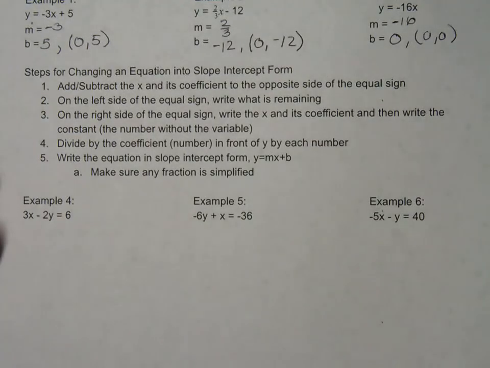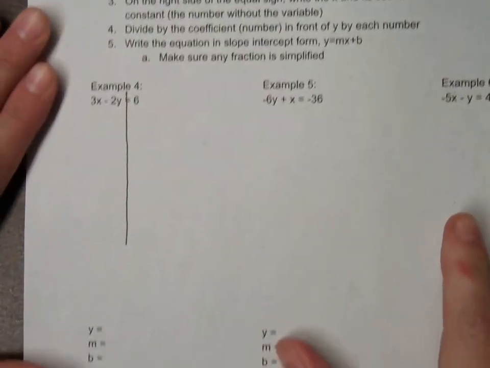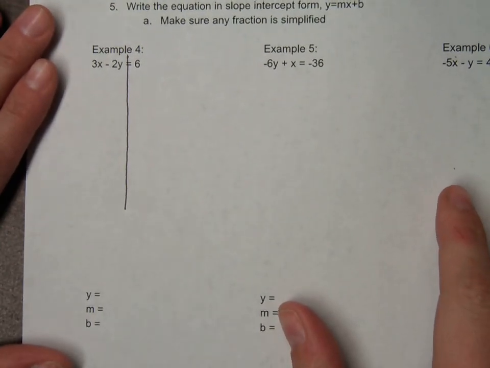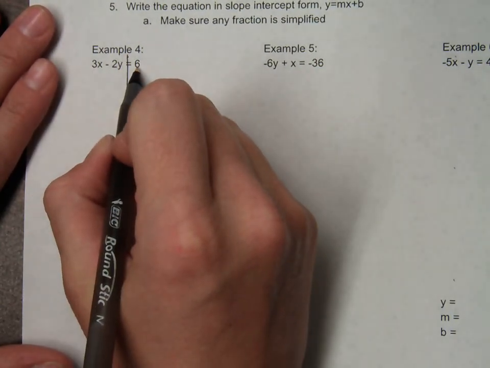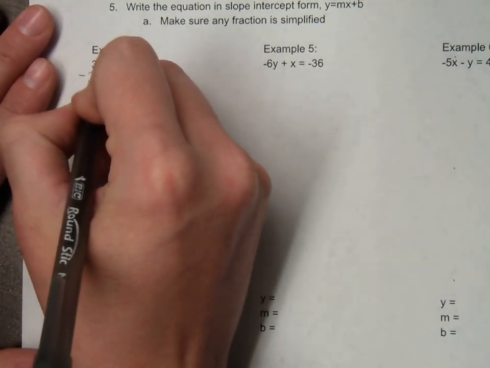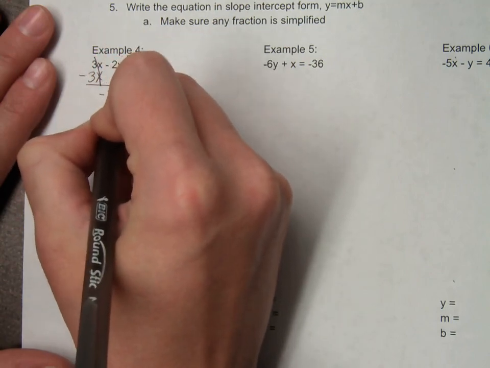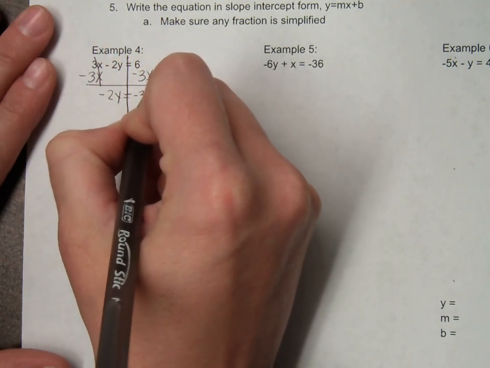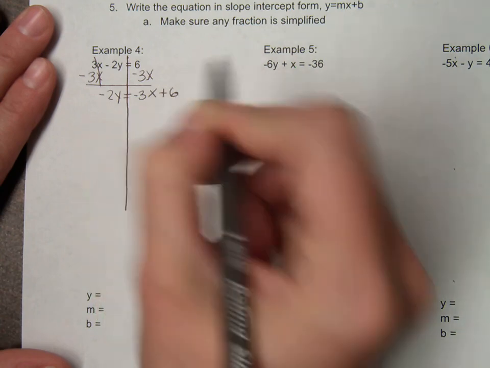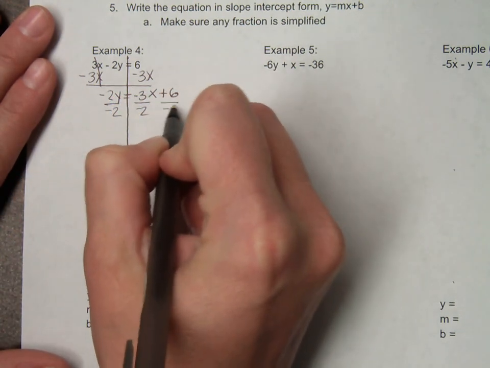We did this not too long ago, so we're going to show our work to put it in slope-intercept form. Example 4: 3x minus 2y equals 6. Since this is positive 3x, we subtract 3x from both sides. That leaves me with negative 2y equals negative 3x plus 6. I divide by negative 2 for everything.